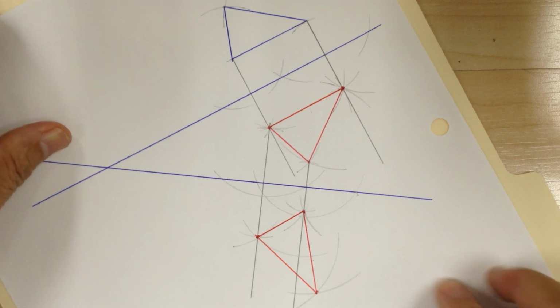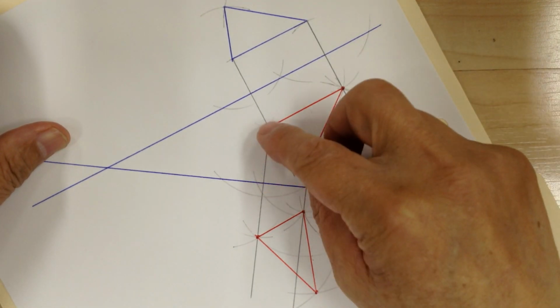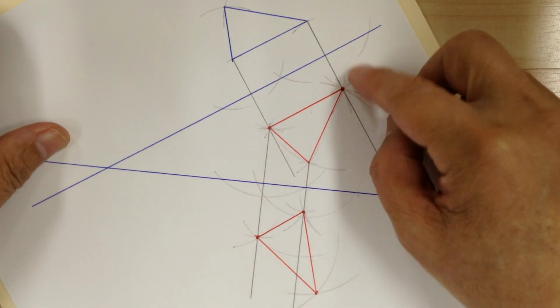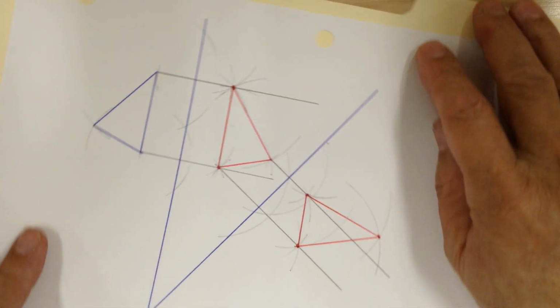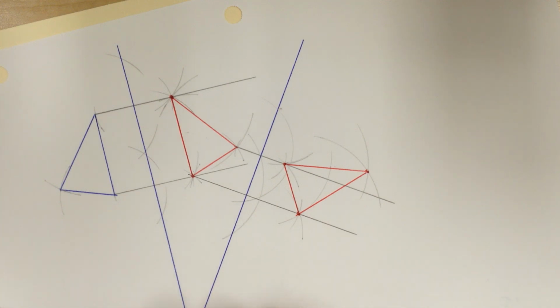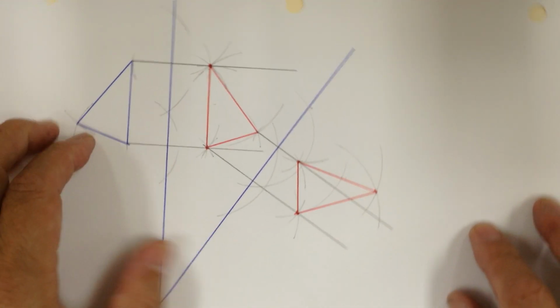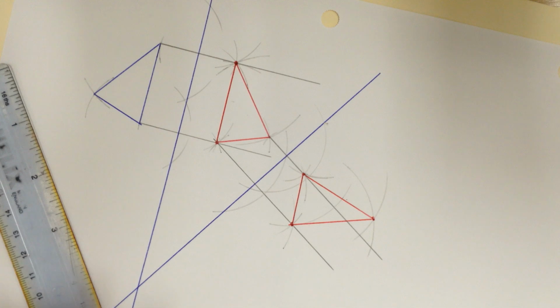Now if this is confusing, just go and do the same thing for this point, this point, and this point. Now what you notice is that what you have is a rotation.